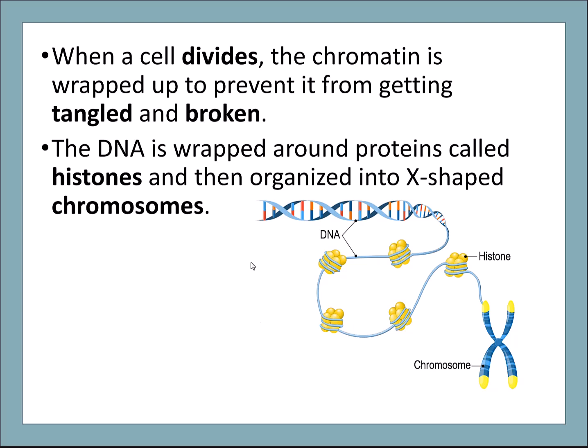So in order to protect it, the DNA is wrapped around proteins called histones and then organized into X-shaped chromosomes. So here are the long strands of DNA. These are the histones that it winds around, and then it condenses around those histones and forms this X-shaped chromosome.